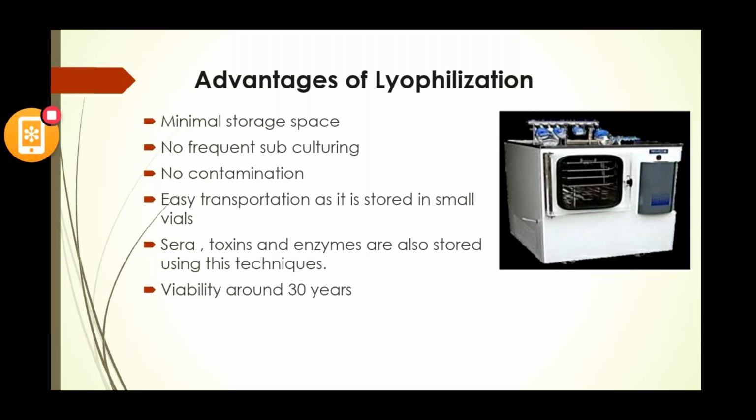And toxins, why do we store toxins using a lyophilizer? When a particular disease emerges, we can compare the toxins present in olden days with the toxin produced by the disease-causing agent nowadays. For example, let us take COVID-19 in the present situation. How did we come to know it is similar to MERS and SARS, which emerged in our previous era?